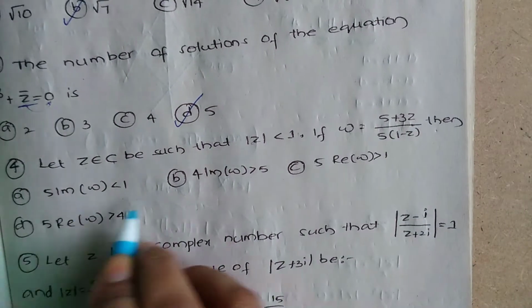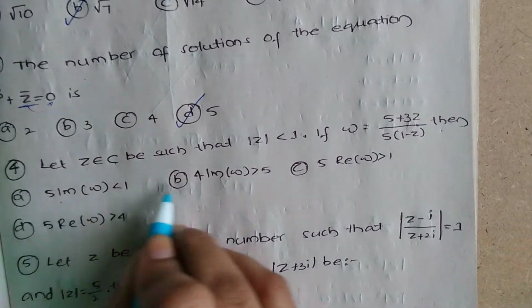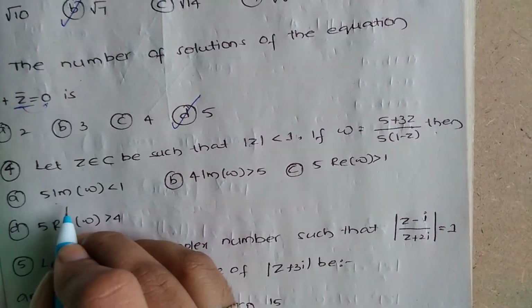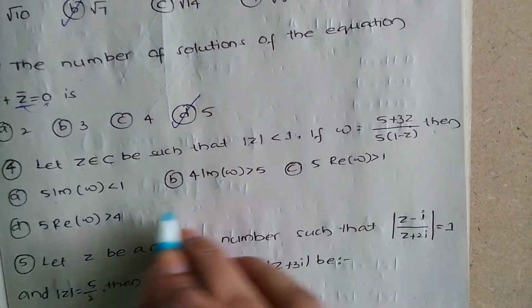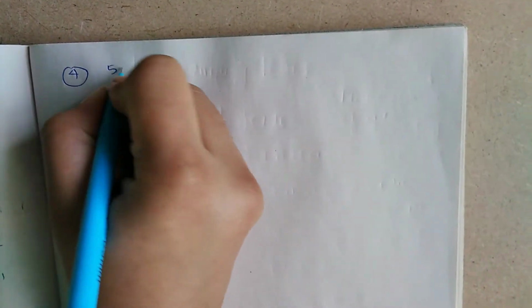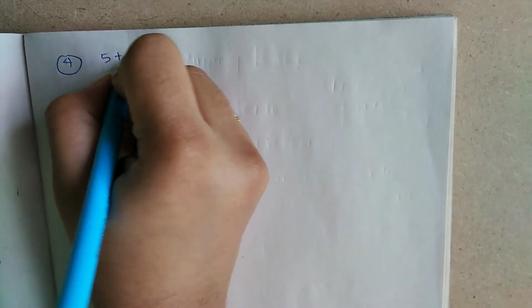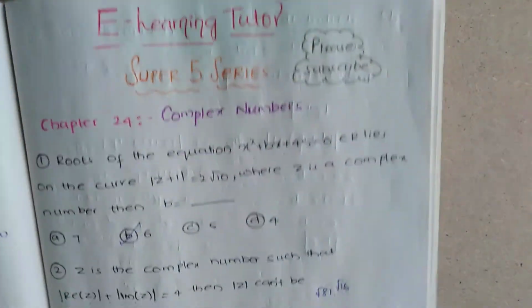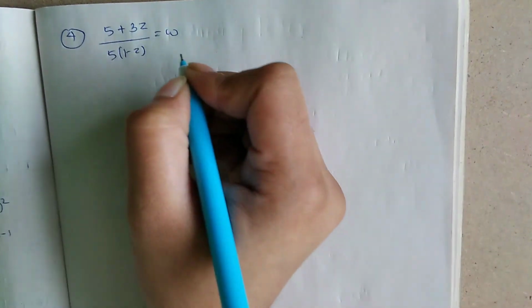Then we want range of imaginary part of w or real part of w. Yes, so do this. What is given? 5 plus 3z by 5 of 1 minus z is equal to w.